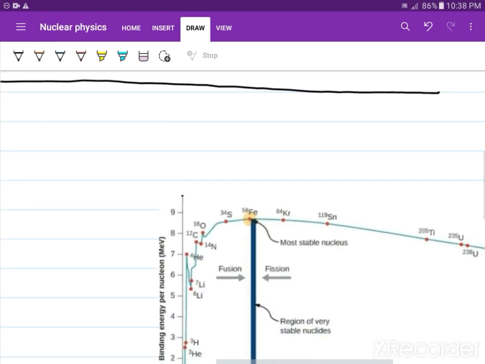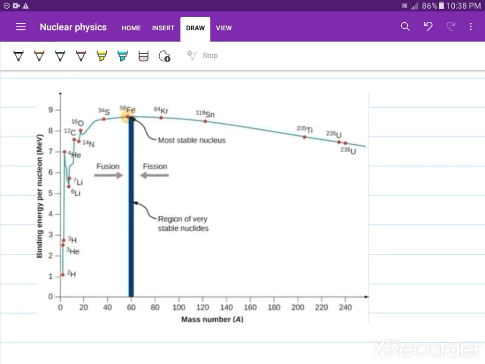If we look back into this graph, in the y-axis we have the binding energy per nucleon, and in the x-axis we have the mass number A. So we have initially uranium-236 around in this area, which is a very unstable nucleus.